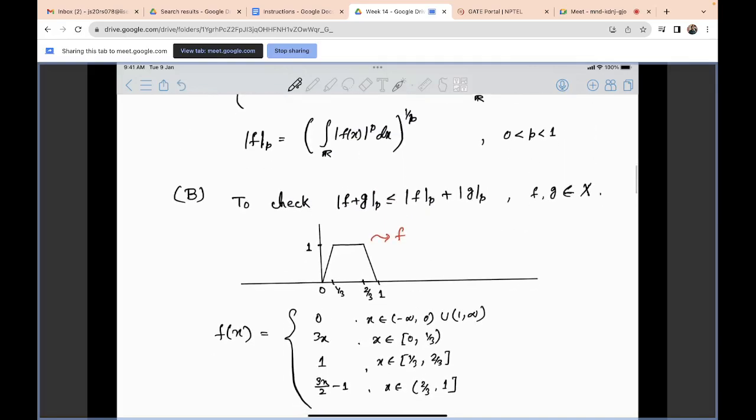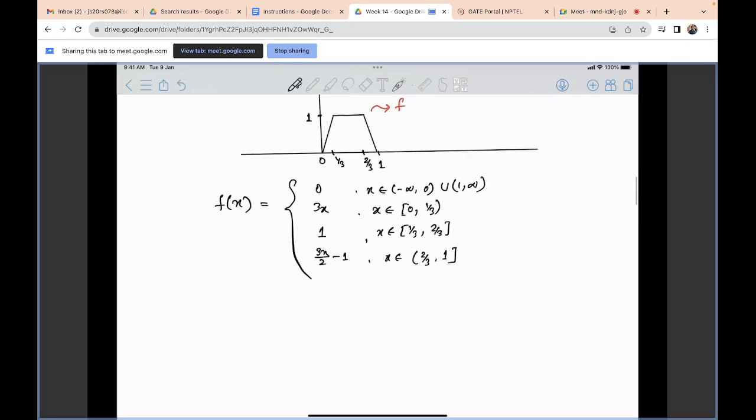So we will show that this inequality does not hold. We will choose particular f and g where it is not satisfied. We have taken this to be f, which is a continuous function.